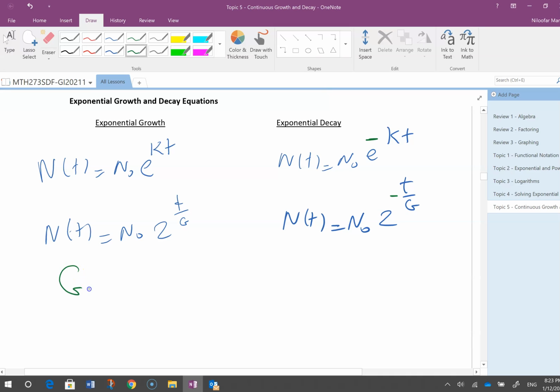Here g is the half-life, meaning how long it takes for the population to become half. k is the rate, t is changing, and N(t) is calculated. So we know these things.